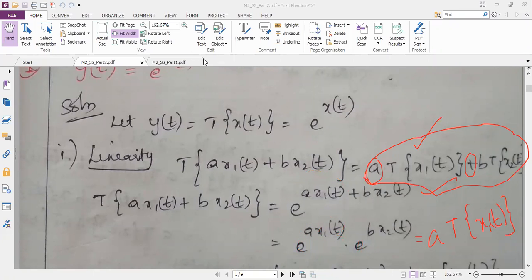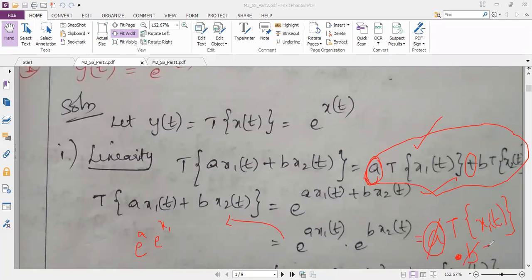So this e power a into x1 of t, if I split it, it is like e power a into e power x1 of t. So I cannot write like this. The right hand side says that a into T of x1 of t plus b. But here I am not getting plus, I am getting product. Dot, I have e power b. This b I cannot write like b into, because it is in e power term. So I don't know how to write this a and b here.